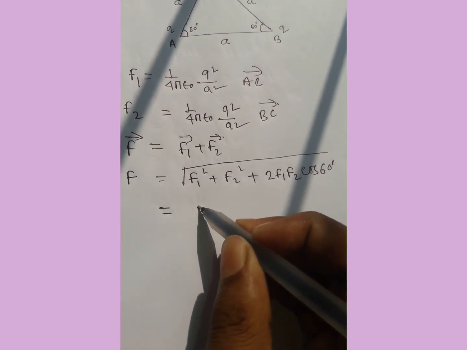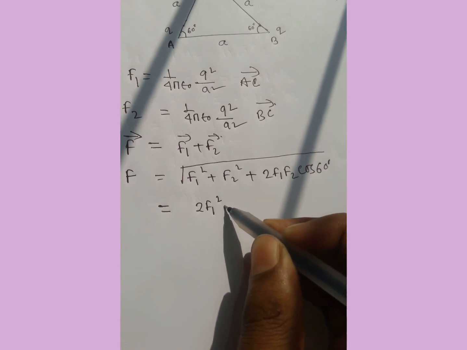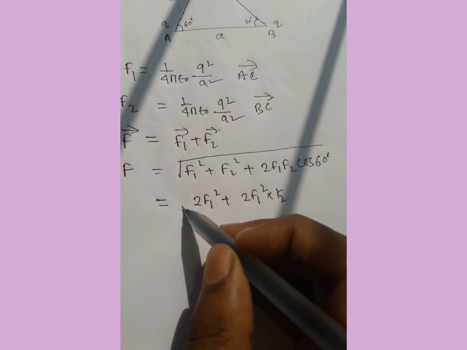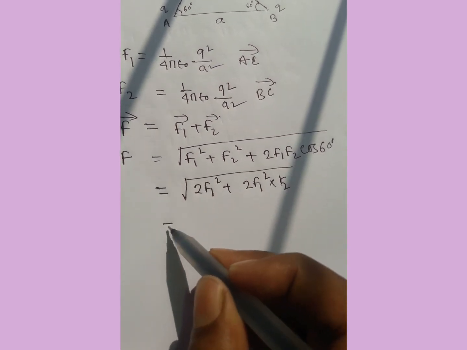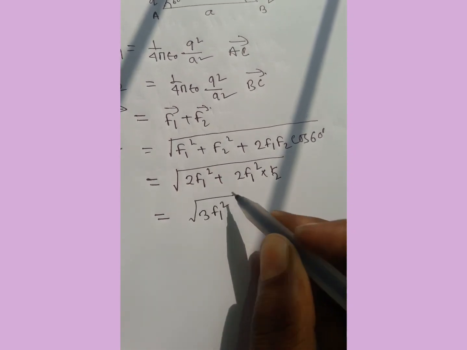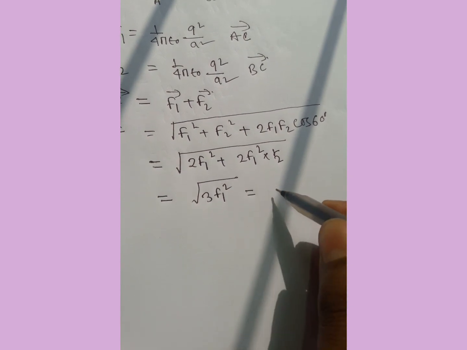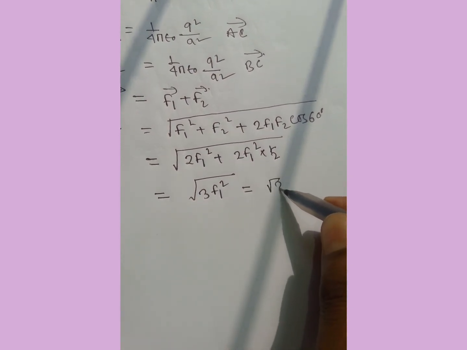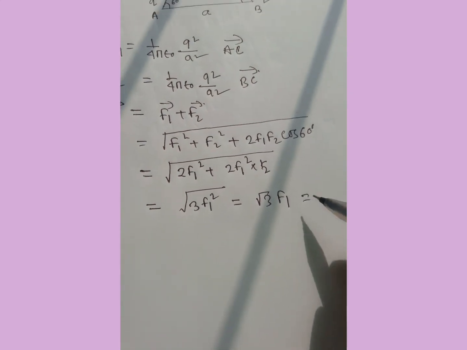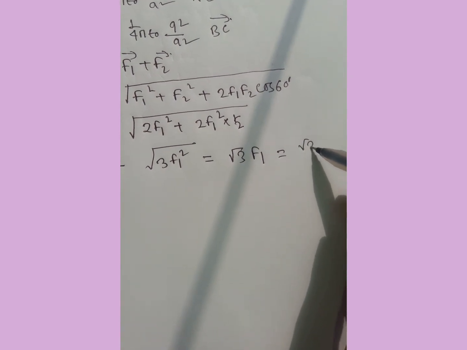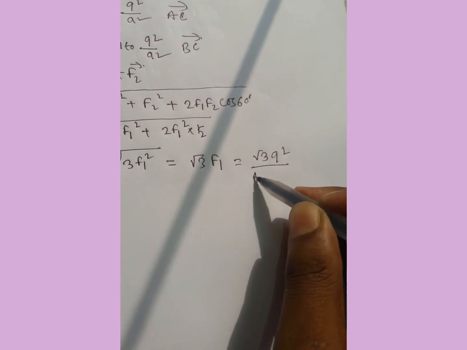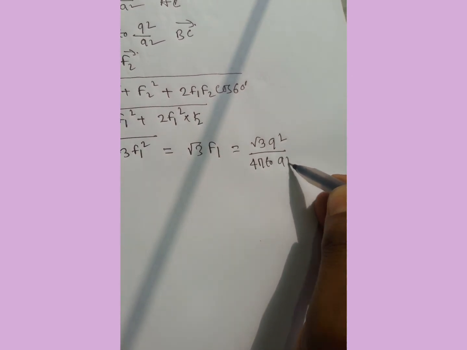Therefore, F equal to under root 2F1 square plus 2F1 square into half, equal to under root 3F1 square, equal to root 3 F1, equal to root 3 Q square by 4 pi epsilon naught a square.